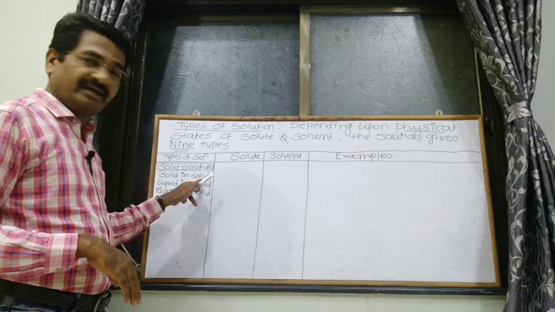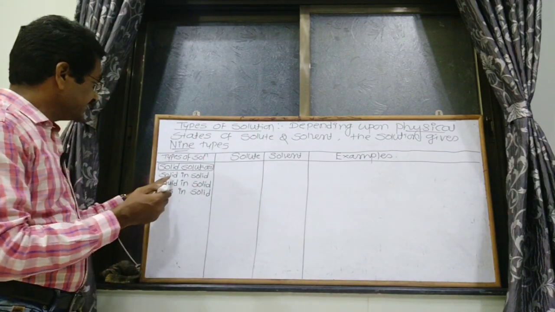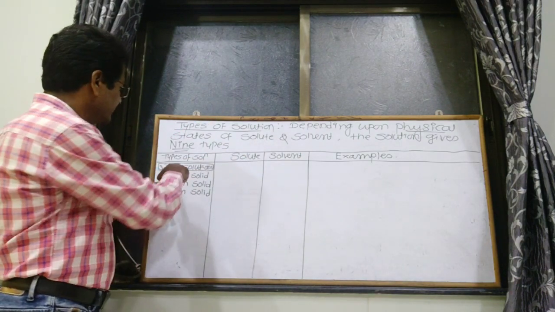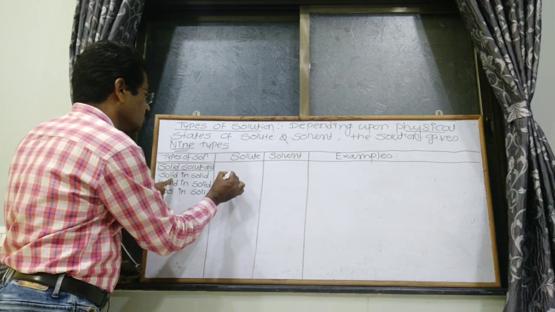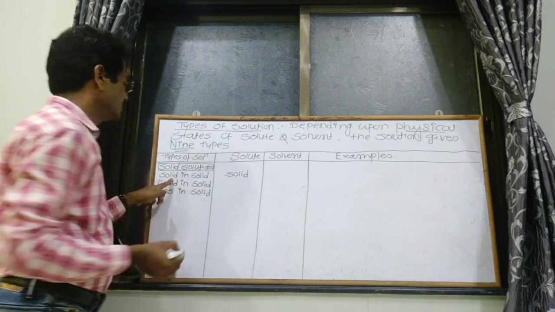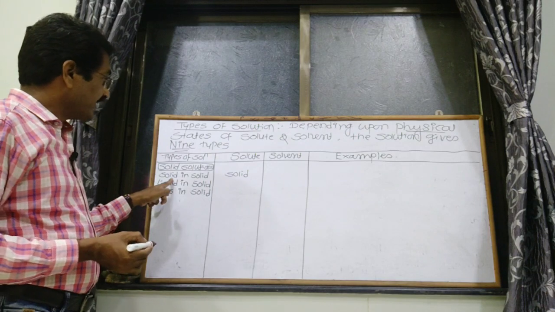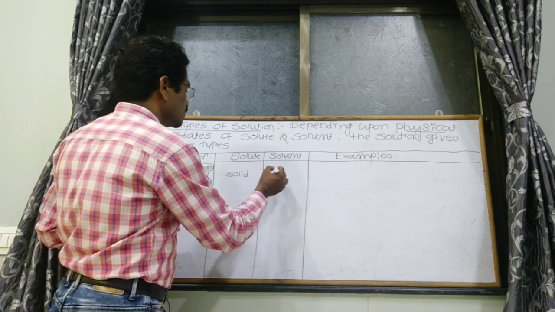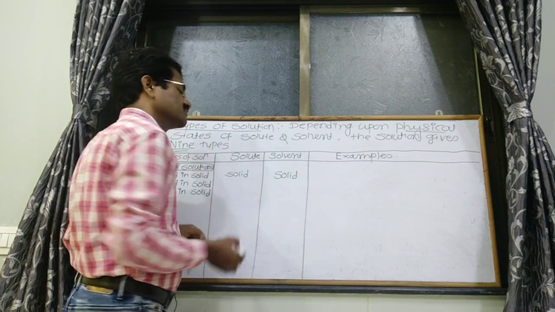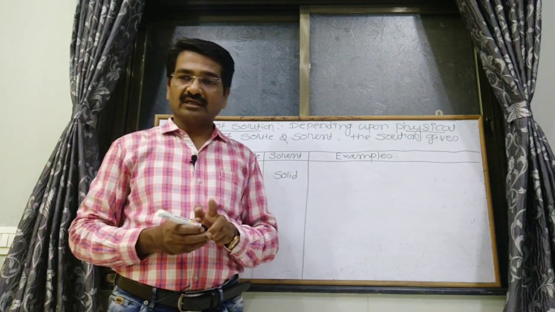First, solid in solid. In this type of solution, one solid can dissolve in another solid. The smaller solid is the solute, and the solvent is also solid. Both are solids.